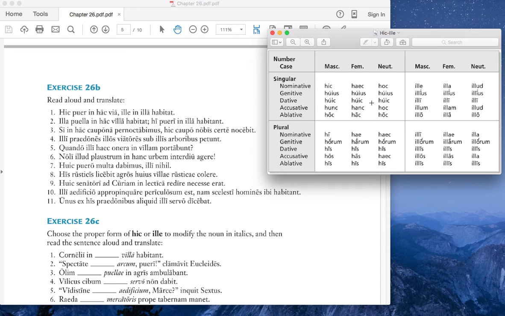The singulars not so much, but the plurals: i, orum, is, os, is for masculines of second declension; ae, arum, is, as, is for feminine of first declension. And the neuter is a little different here. This hic form doesn't really show up in anything else, but orum is definitely like second declension neuter still.